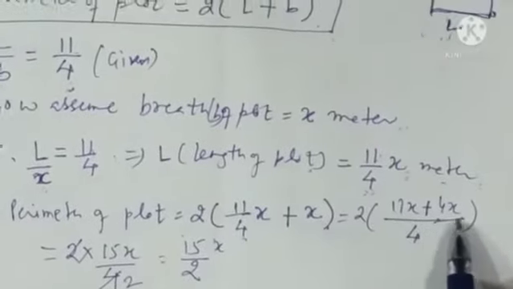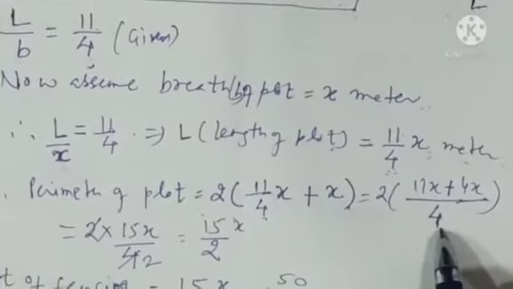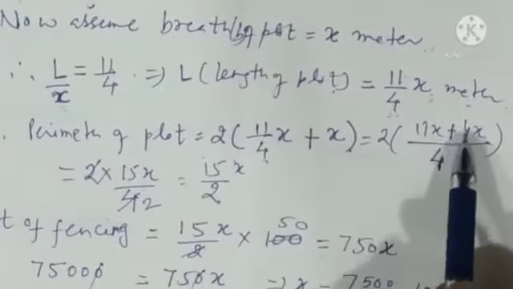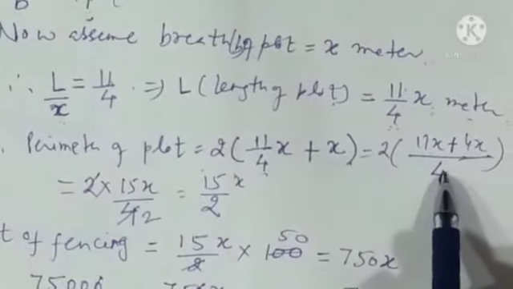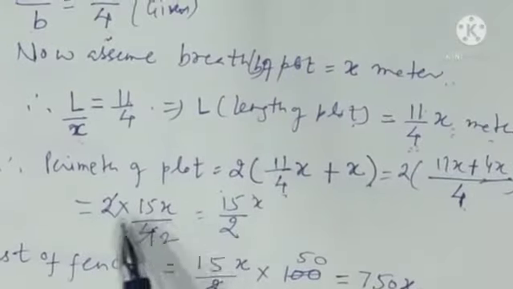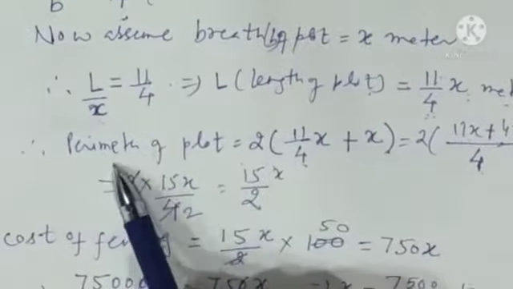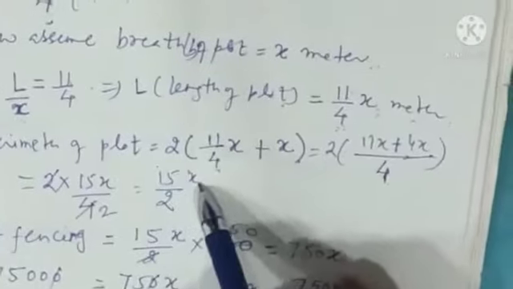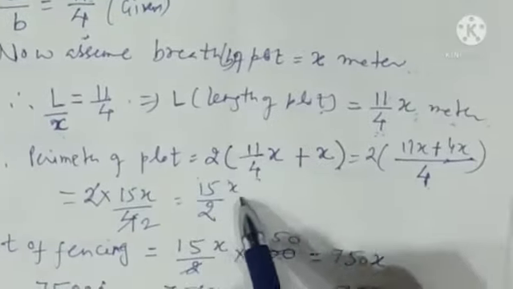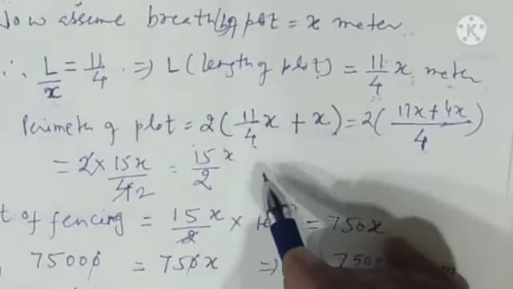Taking the denominator LCM 4, we get 11x plus 4x. Simply we find the perimeter of the plot in terms of x as 15/2 x in meters.